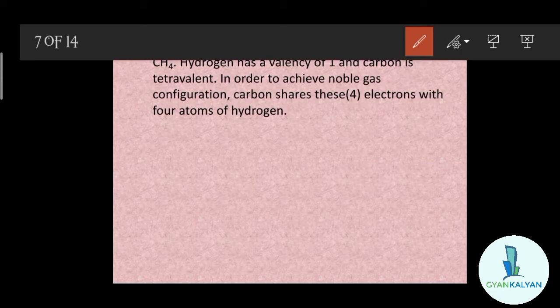So there is a carbon atom, a single carbon atom. So it has 4 electrons in its outermost shell. तो एक carbon atom है और उसके 4 electrons उसके सबसे बाहर वाले शेल में मौजूद हैं. So what will happen? It will share each of its 4 electrons with 4 hydrogen atoms.